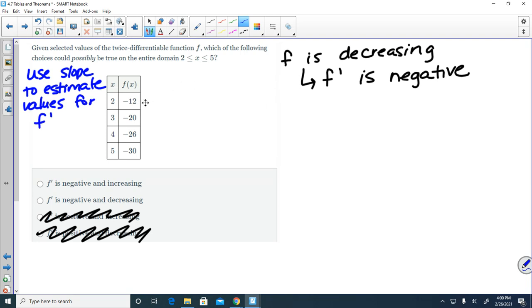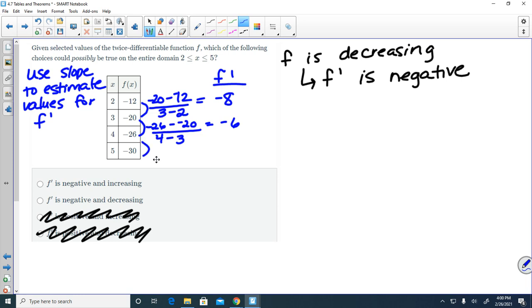So between here and here, to get f prime, I need to do the slope formula. So negative 20 minus negative 12 over 3 minus 2. Negative 8. Then I would do negative 26 minus negative 20 over 4 minus 3. I get negative 6.